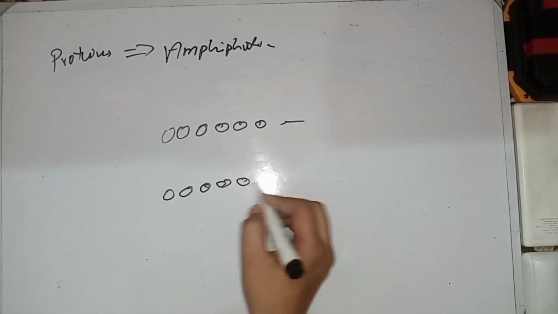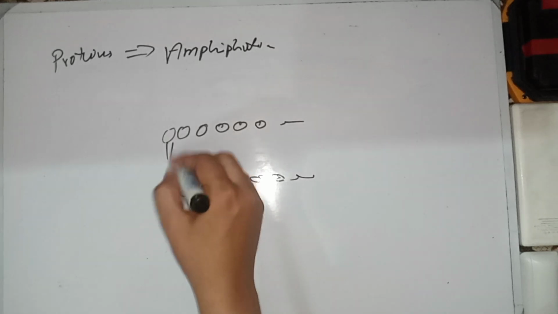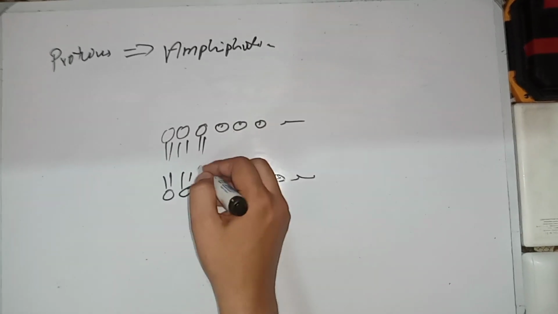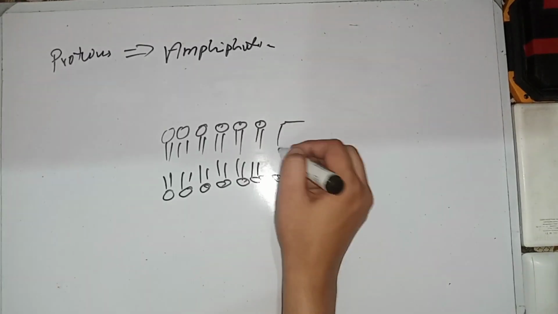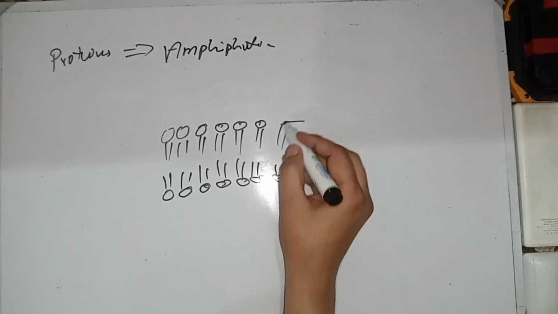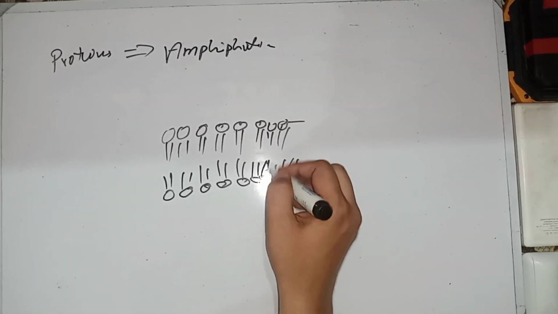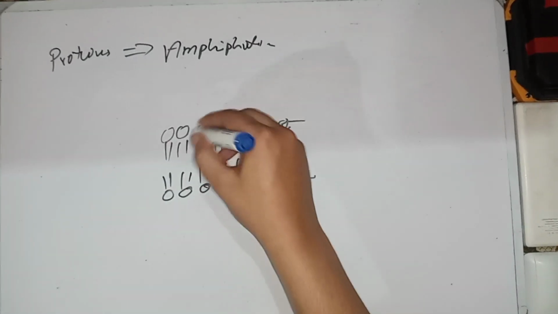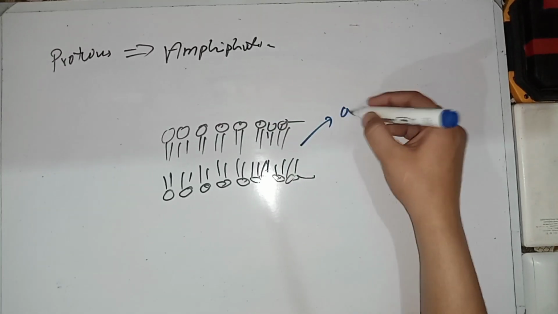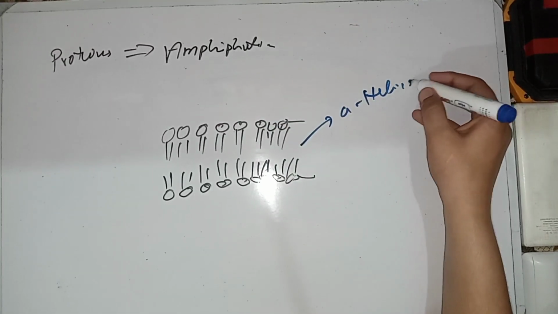I am drawing a rough membrane here. Membrane proteins also have both polar as well as non-polar regions. Membrane proteins cross this lipid bilayer. When they are crossing this lipid bilayer, they are in alpha helical configuration.